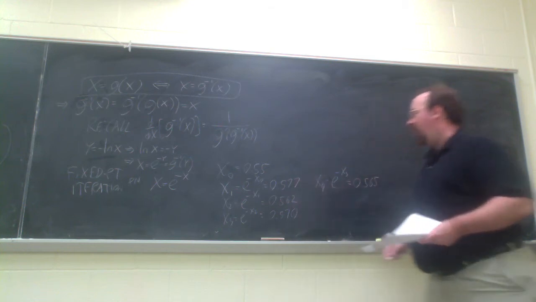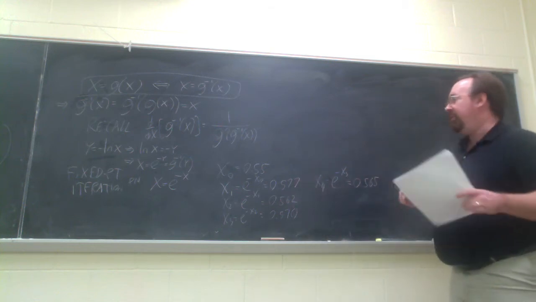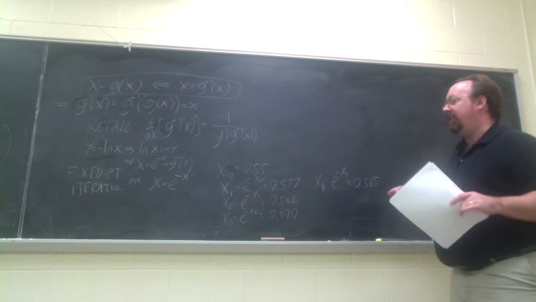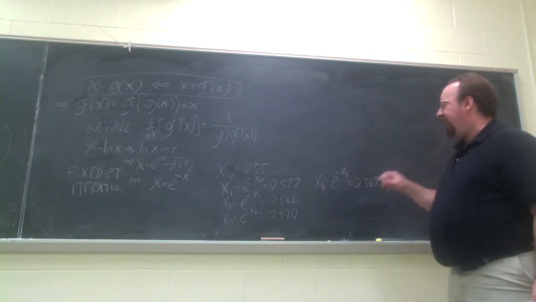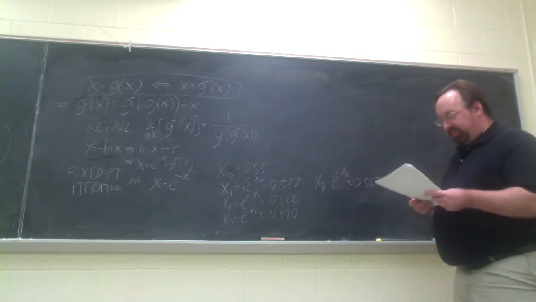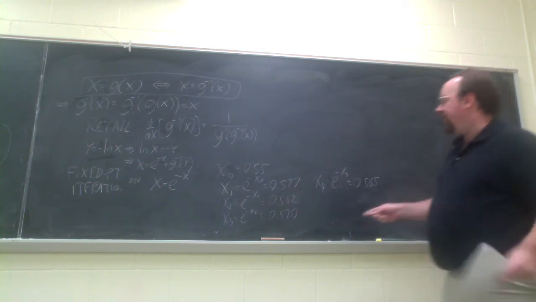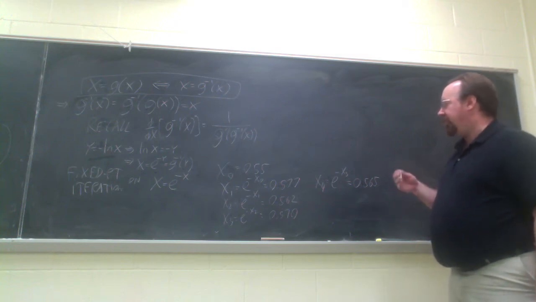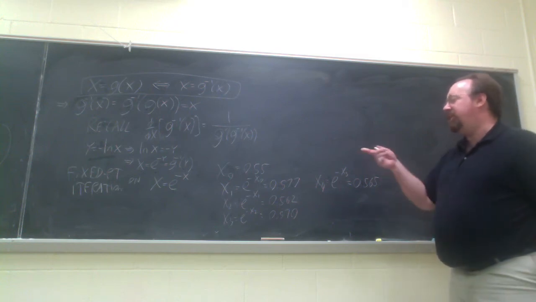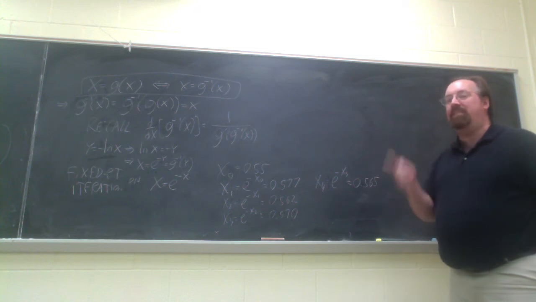It is bouncing around a little bit. Now, that's not something to be alarmed about just by itself, because it's going to be bouncing around less and less. The reason why it's oscillating around a solution is because the derivative of this g function, e to the minus x, is negative. The derivative of e to the minus x is minus e to the minus x.